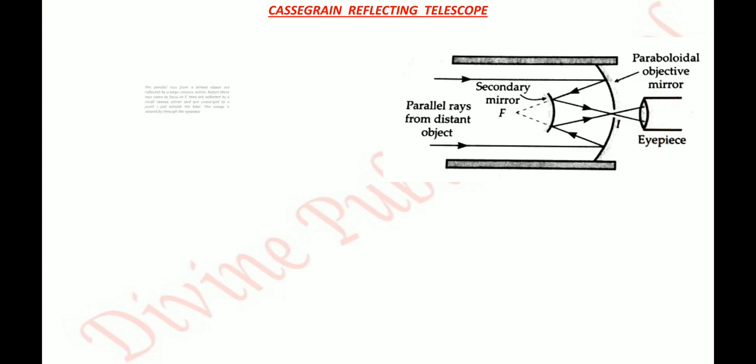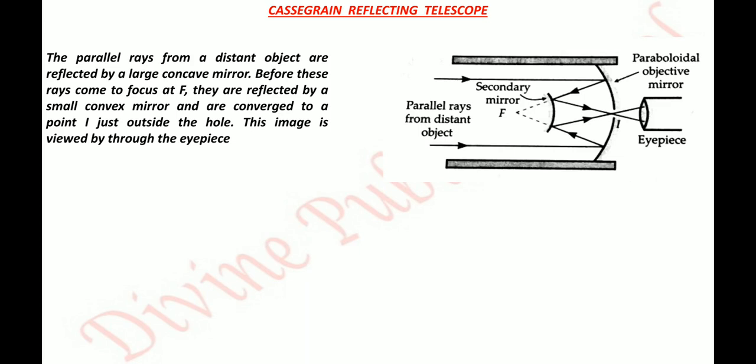So the working is as follows: the parallel rays from a distant object are reflected by a large concave mirror. Before these rays come to focus at F, they are reflected by a small convex mirror and converged to a point I just outside the hole. This image is viewed through the eyepiece.